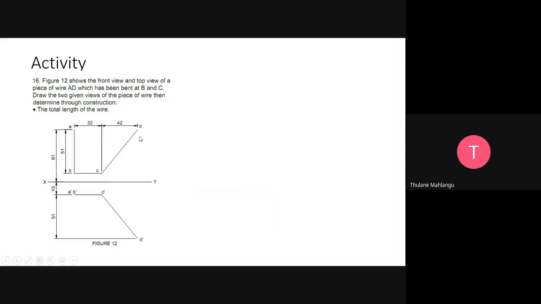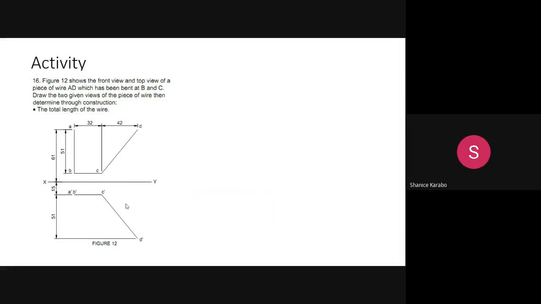So you have to find the true length of line CD using one of the methods. It's either the cone method or the rebatment method. Any questions before we move on to the oblique line?